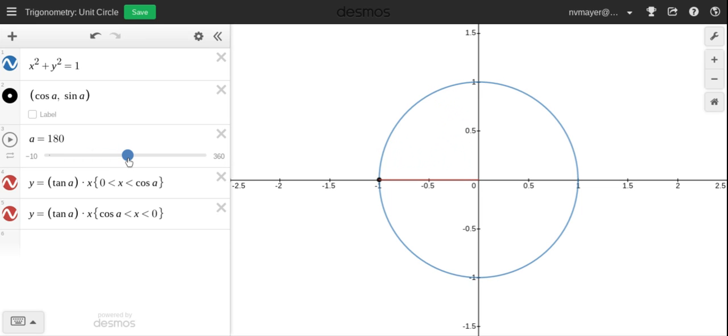The third quadrant will take angles from 180 degrees until 270 degrees. And finally, the last quadrant, which is the last quarter of a circle, is from 270 degrees all the way until 360. Once we reach 360 degrees, we have completed the full rotation.